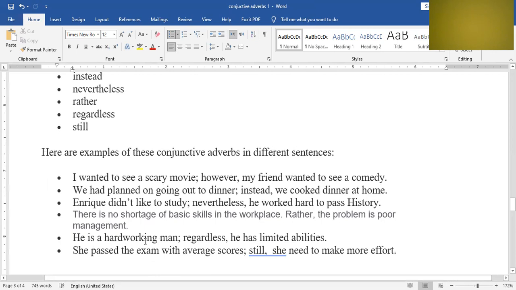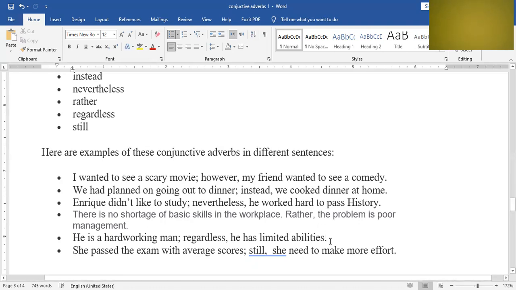He is a hardworking man, regardless he has limited abilities. Okay, someone who is a hard worker generally has good abilities, but here he is a working man regardless of his limited abilities.